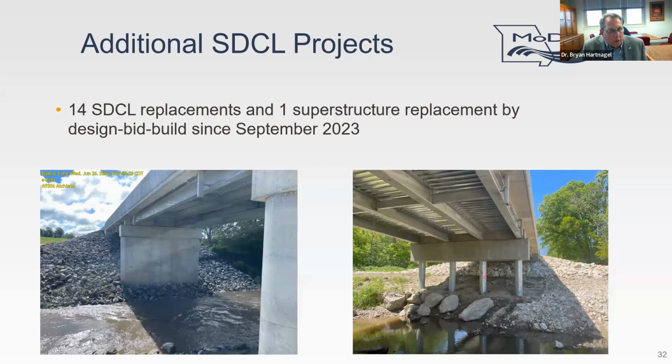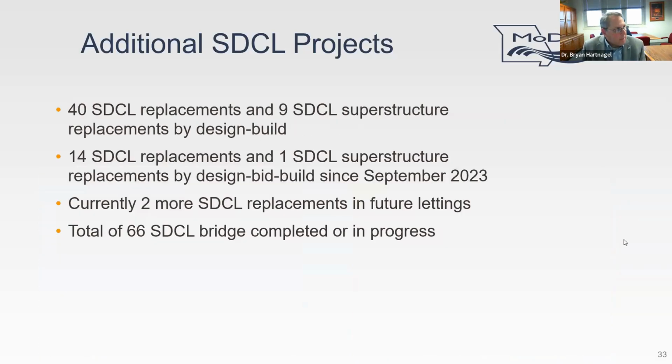And the one on the right side there has what we call cast-in-place piles. They're closed-end shell piles, steel shell, galvanized, and then we fill those with concrete. But they're good looking bridges that are going to last a long time because these are on routes that likely do not get salt like we do on our interstate highways.